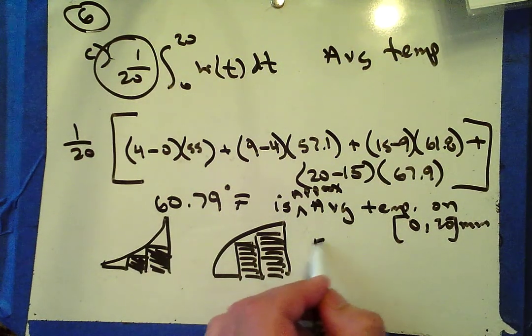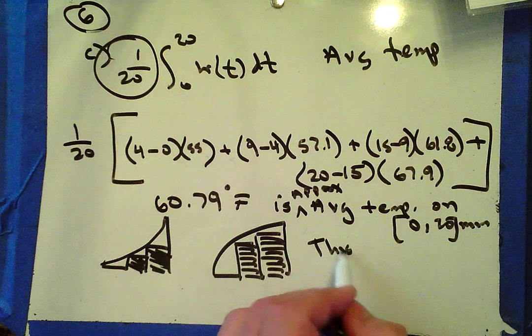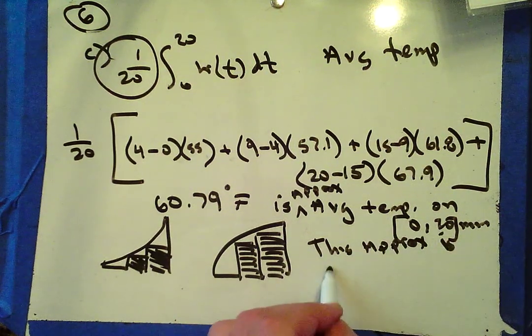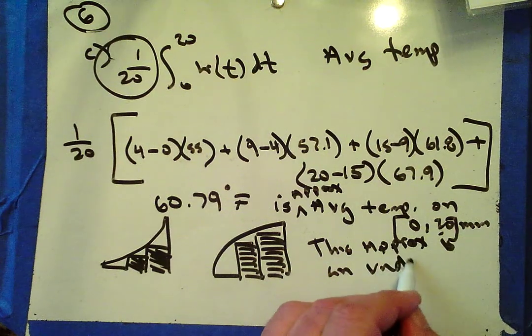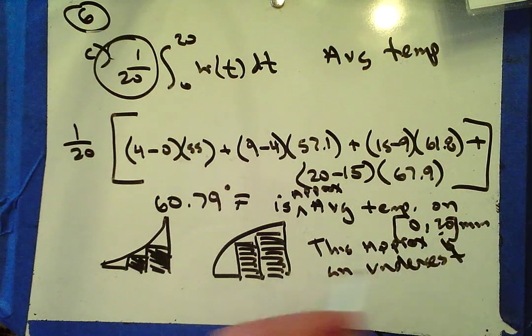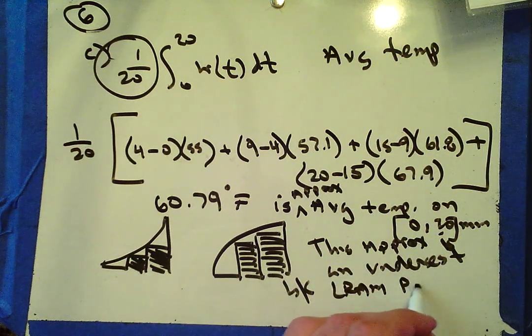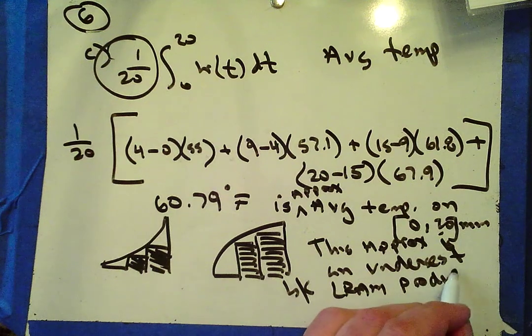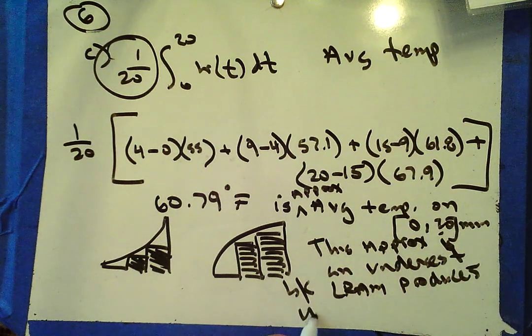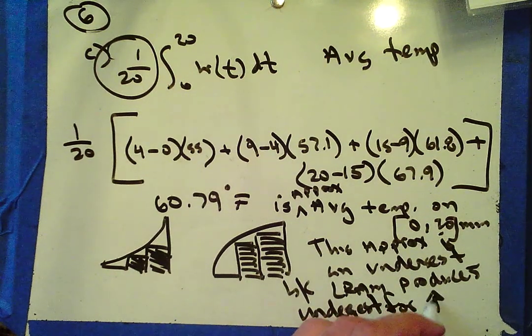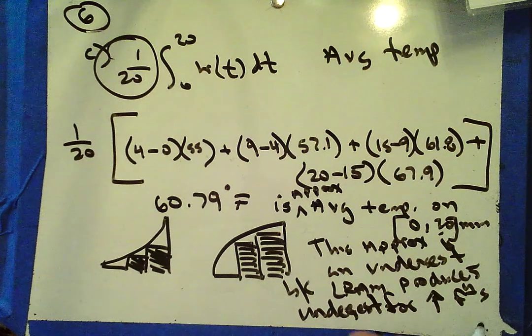So this approximation is an underestimate because LRAM produces underestimates for increasing functions.